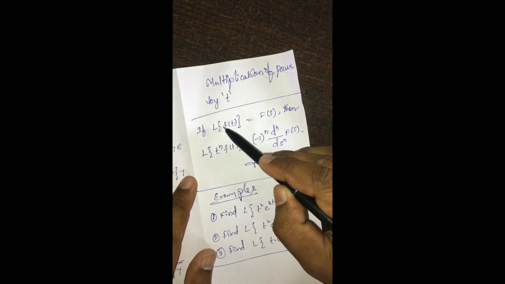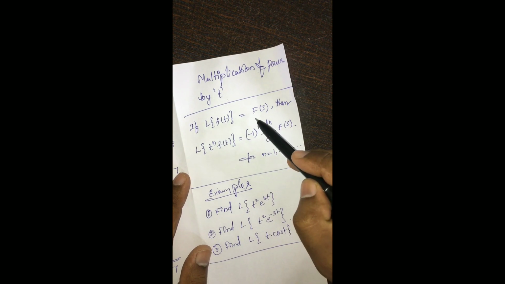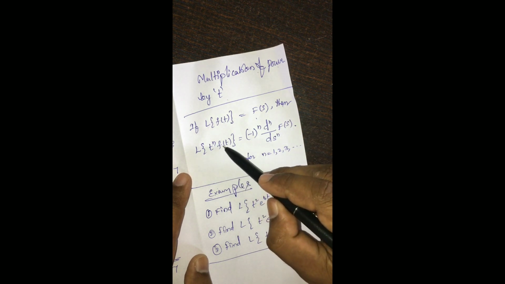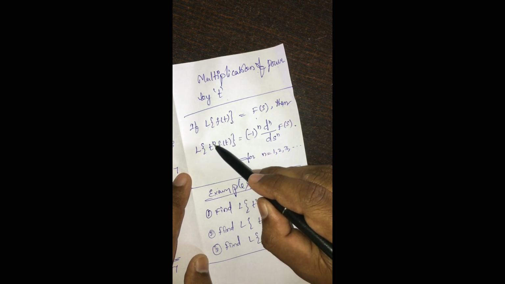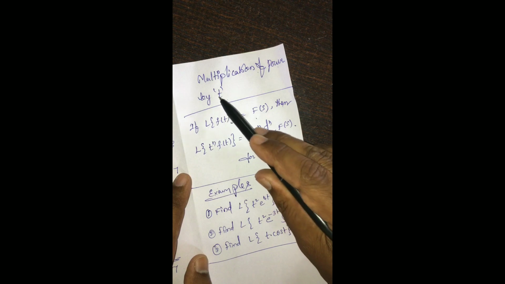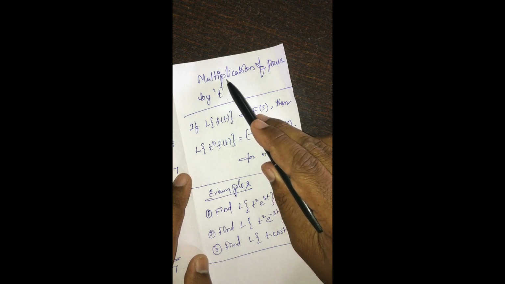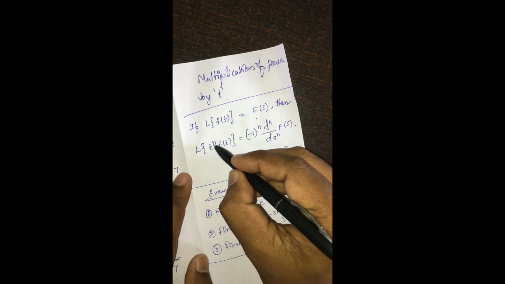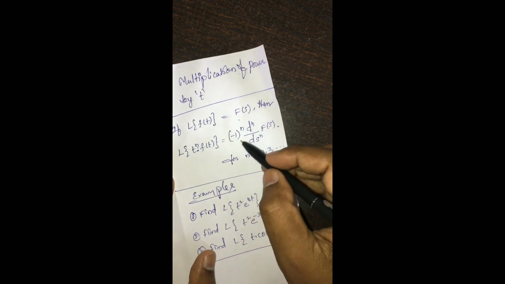So for any f of t, the Laplace transform is f of s in the standard Laplace transformation definition. Then the product of this f of t with t to the power of n, that means multiplication by t, n times.